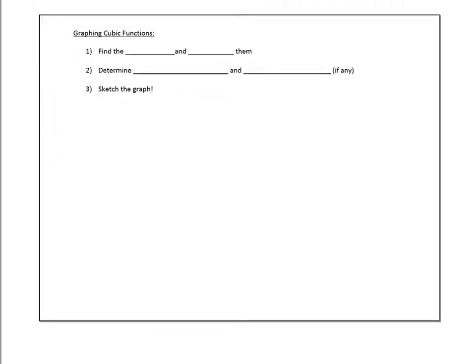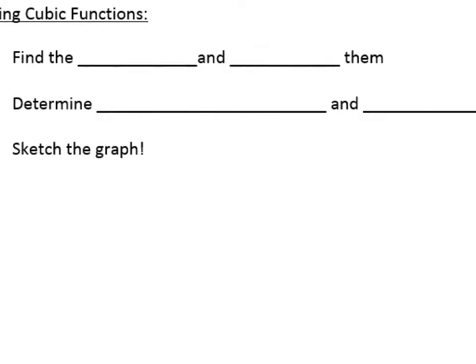So now we're going to look at graphing cubic functions, and these are going to be mainly sketches, so they're not going to be exact. We just want an overall image. Well, the first thing we're going to do is to find our factors and factor them. So that could be looking for the GCF, using our Santa hat, grouping, all those different things.